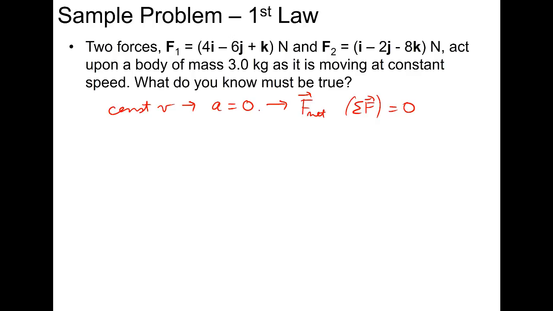So what we can do is add up F1 plus F2 and see if the sum of those forces is going to come out to zero. That's going to be actually 5i hat minus 8j hat minus 7k hat newtons. Therefore, there must be a third force.